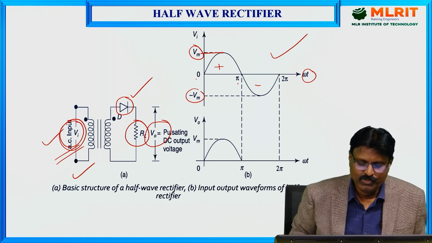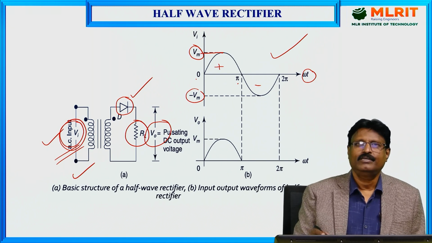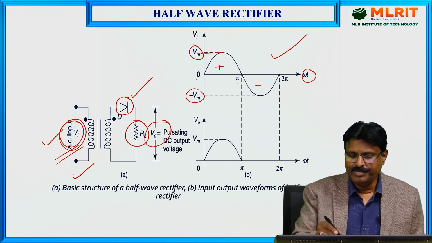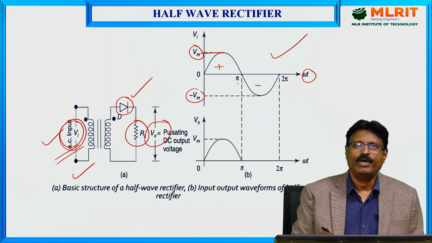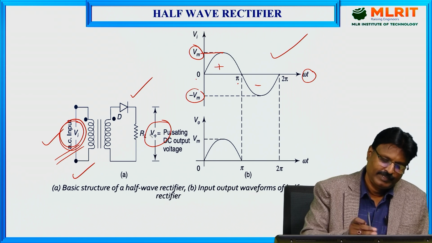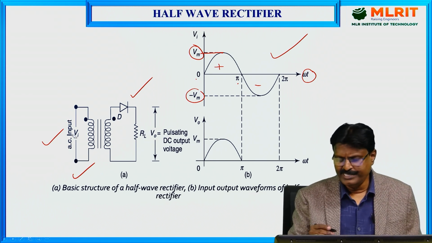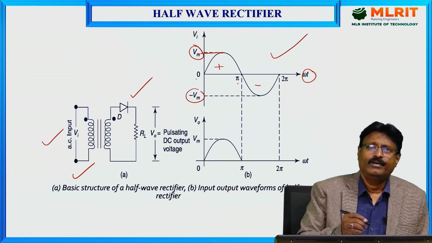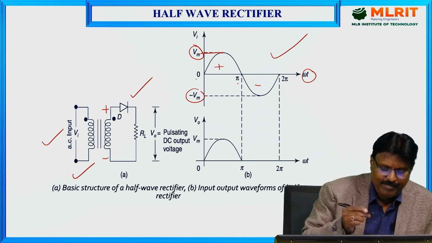So let us segregate the operation into two parts. Part 1, whenever omega t is in between 0 to pi, and part 2, whenever omega t is in between pi to 2 pi. What happens to the diode? Whenever omega t is in between 0 to pi, this terminal will become positive and this will become negative.